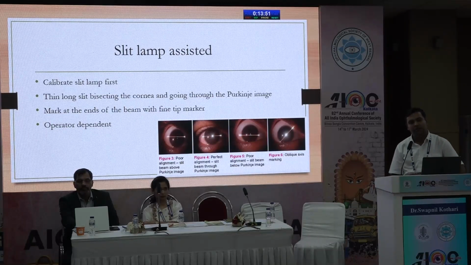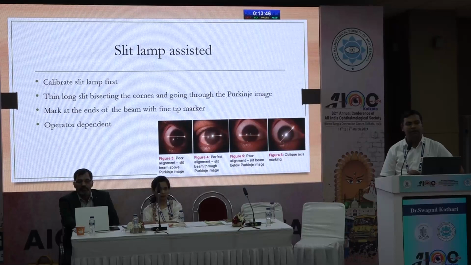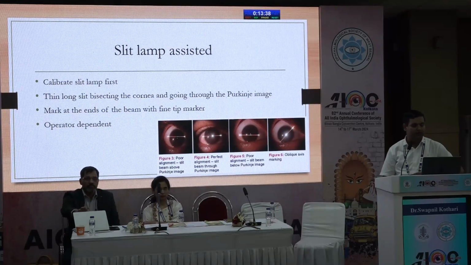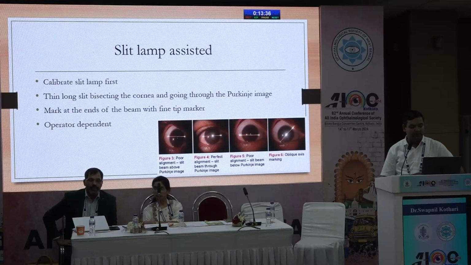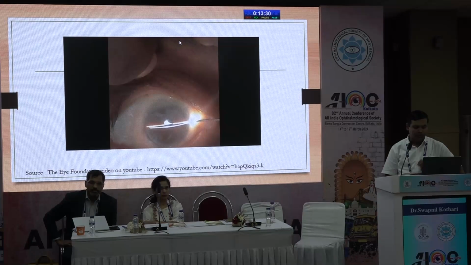Second is slit lamp assisted marking. You want to do this when you want to mark everything preoperatively, where your incision is supposed to go and where your toric IOL is supposed to go. You can use the normal slit lamp with a very thin, long slit. The slit should bisect the cornea and go through the first Purkinje image, for it to be useful.